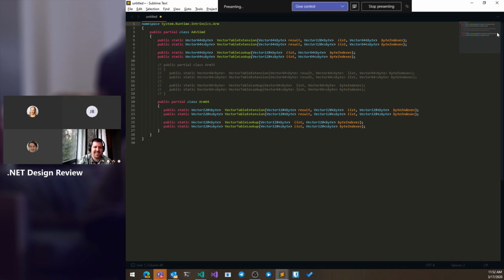So what about the method names? You're fine with vector table extension, because that also does not sound like a verb anywhere. What does this API actually do? I think Jeremy suggested vector table lookup extension. That's actually the name in the manual, I believe, right?